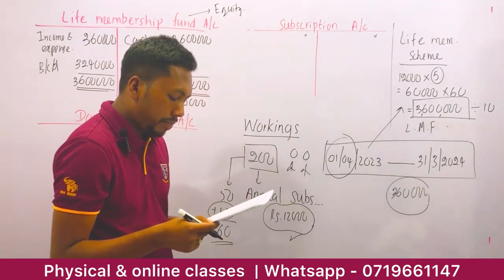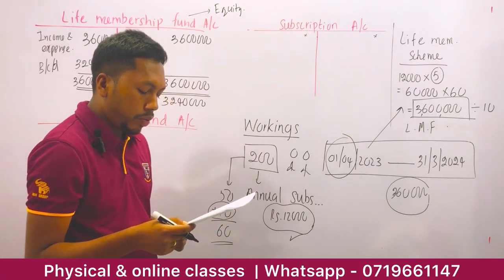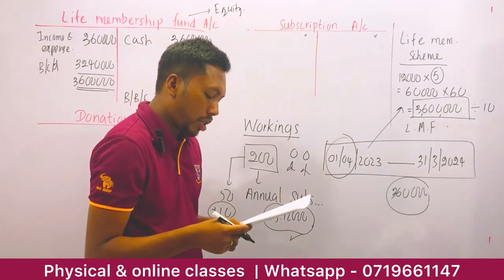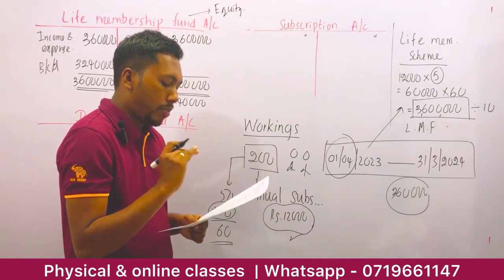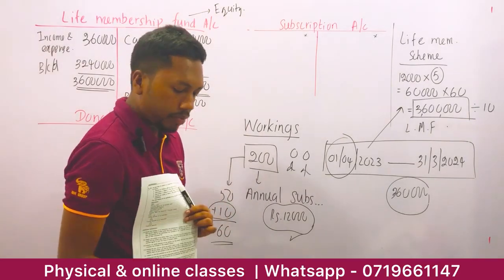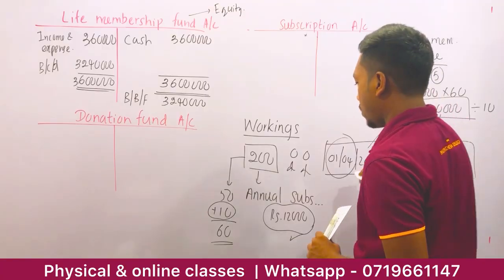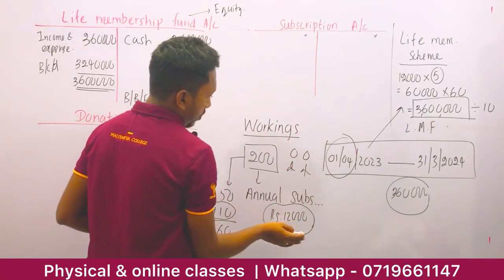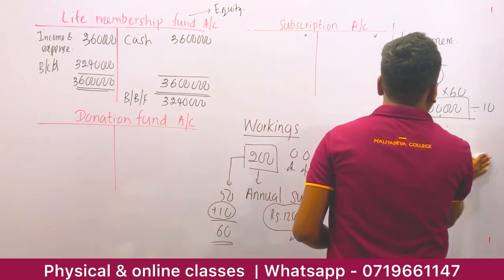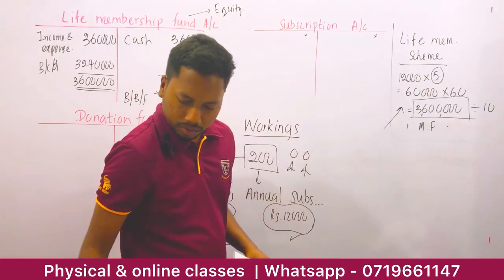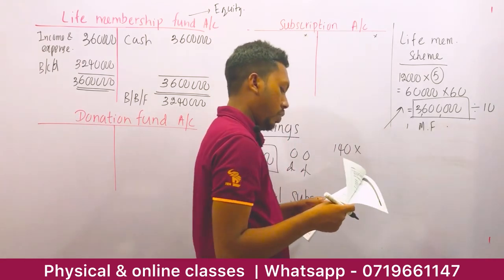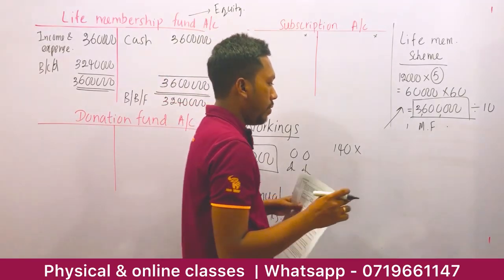Then 140 members paid the annual subscription for the current year, and of those, 15 members paid the annual subscription for the next year as well. So we have to make the calculation for those 140 members: 140 members times 12,000, which is the subscription per member.